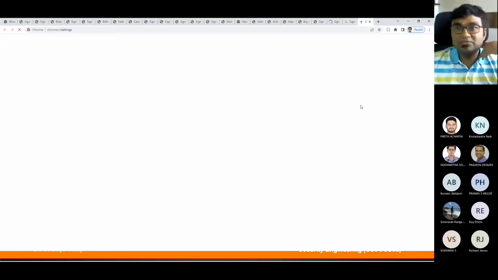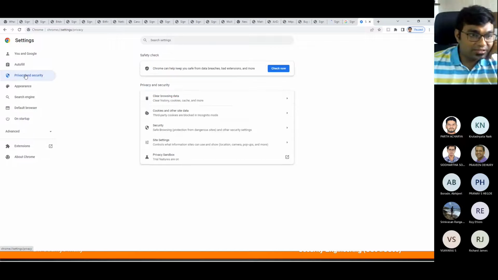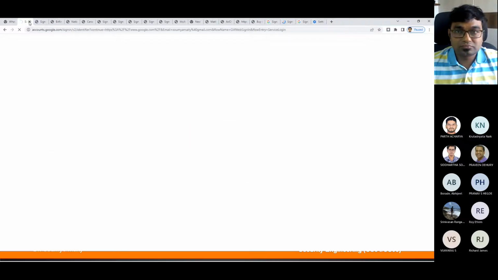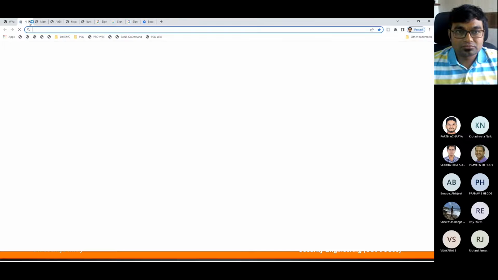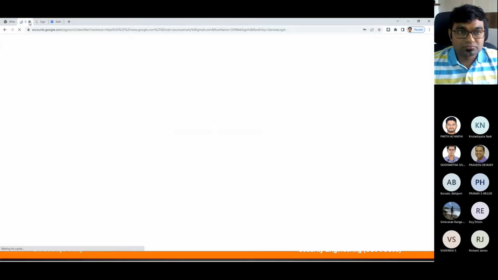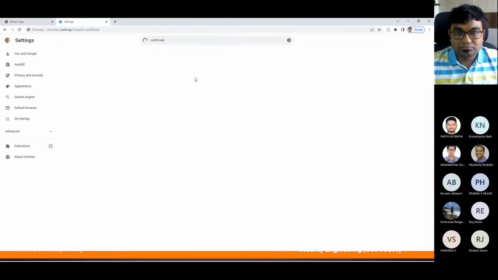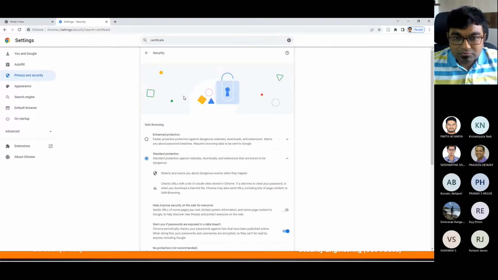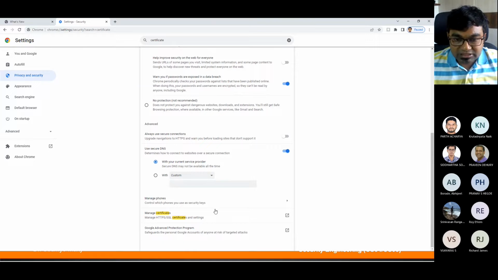If you go here, you can see the installed certificates. So, privacy and security. I think now the certificates are installed at the OS level also. Yes, manage certificates.